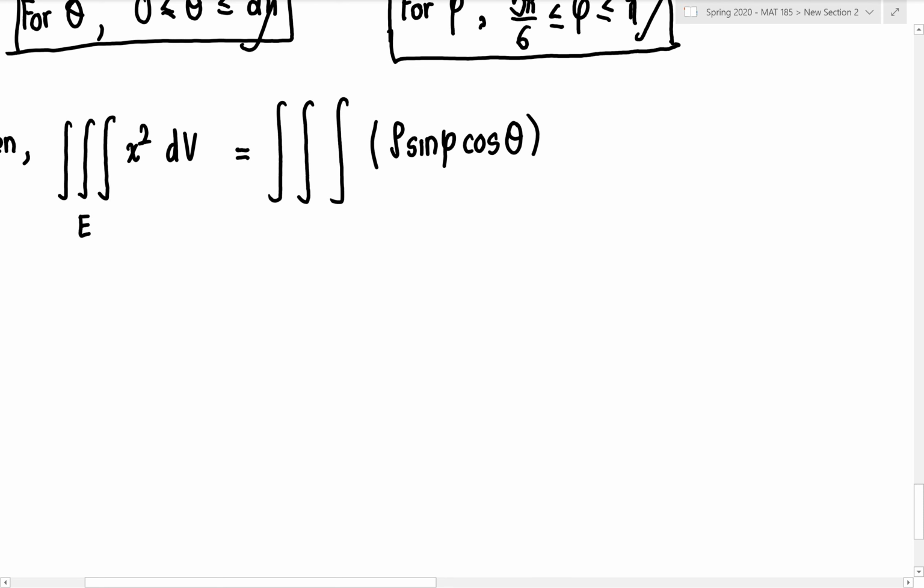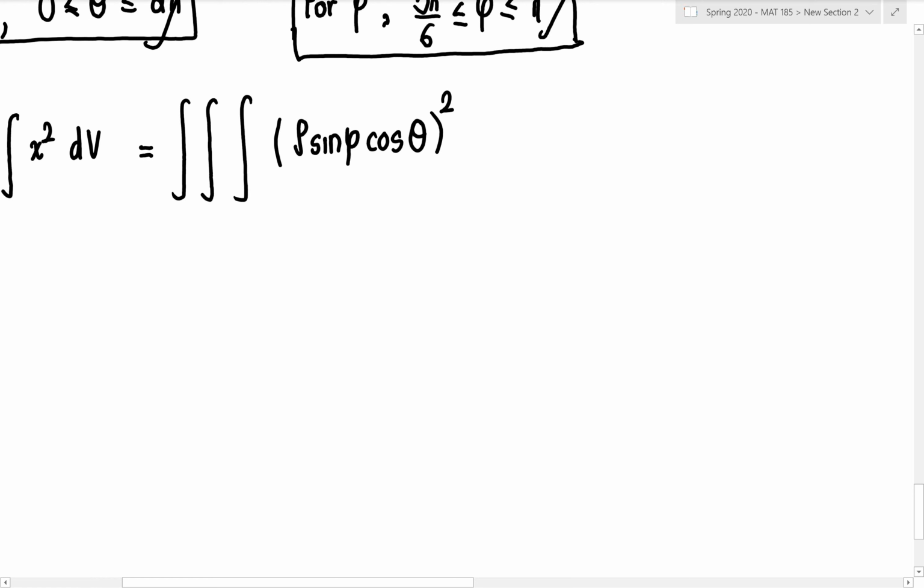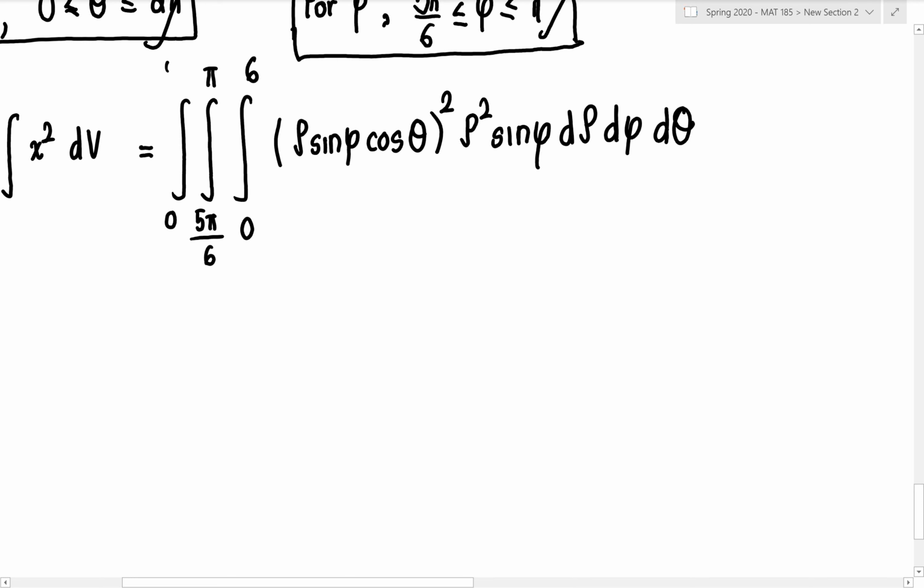It's rho sine phi cosine theta squared, and that's my x squared. Then I have my Jacobian, which is rho squared sine of phi, and then d rho, d phi, d theta. Rho is between 0 and 6, phi is between 5 pi over 6 and pi, and theta is between 0 and 2 pi.